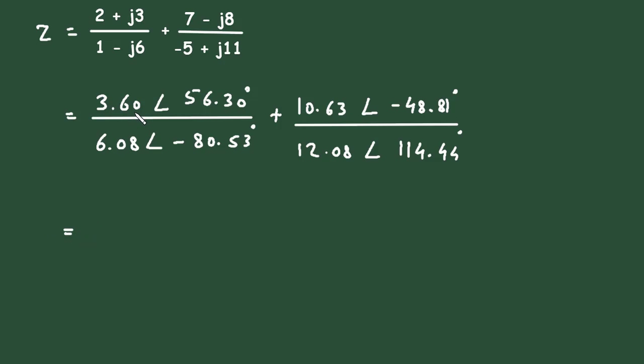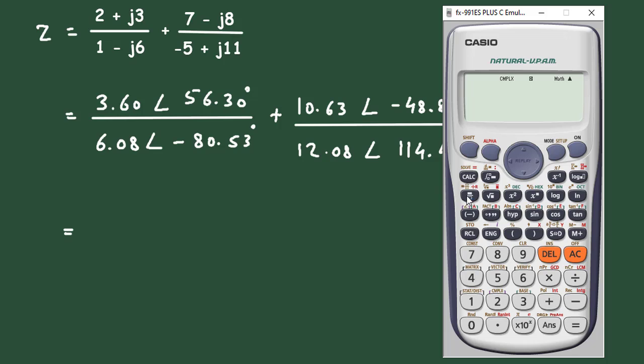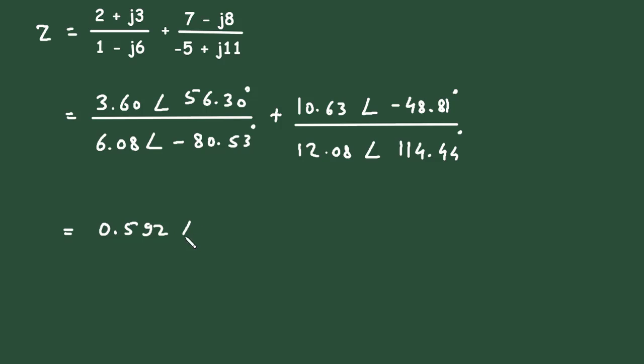So this will be 3.60 divided by 6.08, so it is 0.592 at an angle 56.30 degree minus 80.53. So when we perform division, these angles will be subtracted, numerator minus denominator.